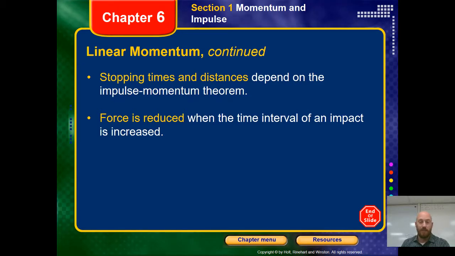We're going to run that same student into a wall, but wait, there's going to be like 4 or 5 feet of pillows in front of them. The stopping time is now, instead of a fraction of a second, a couple of seconds. The time it takes you to stop is a lot greater. Example, say instead of a fraction of a second, you have 3 seconds, 4 seconds. Well, that is how force is reduced, how injuries are reduced.